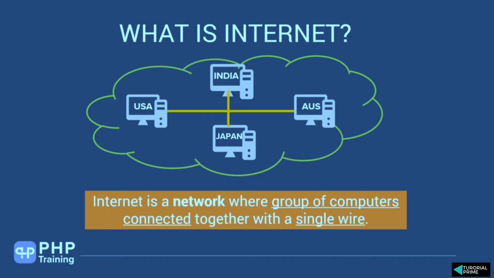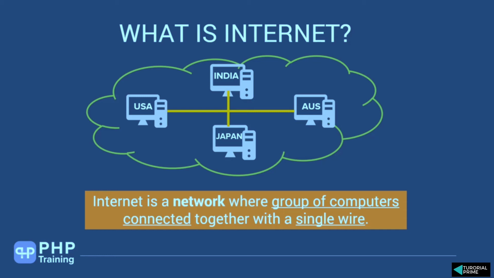Think of how the current flows into your house. All the current that flows into our house is via power cables, right? All the power cables connected all over the world send this current back to our house. Similarly in the internet, all the computers are connected via a single wire so that information can be passed via these computers and they can be reachable.